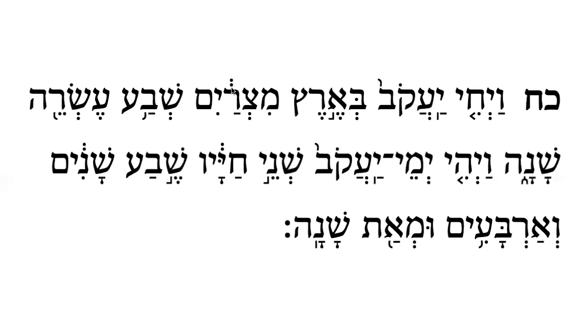This trope mark is a separator, and it indicates a pause, and because of the presence of this katon, you might even put a comma right here in the verse. So, and Jacob lived in the land of Egypt. Okay, that's one thought. That's what this katon is trying to say. So we'll say this together. Vayechi Yaakov be'eretz Mitzrayim. Okay, and then the next clause, that's the first clause. The next clause ends right here. This is a separator, et nachta.